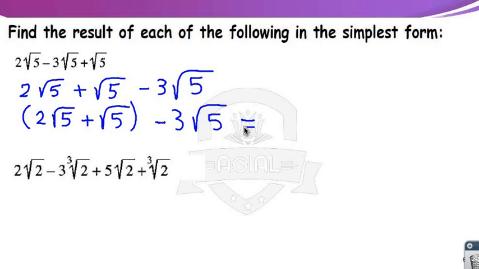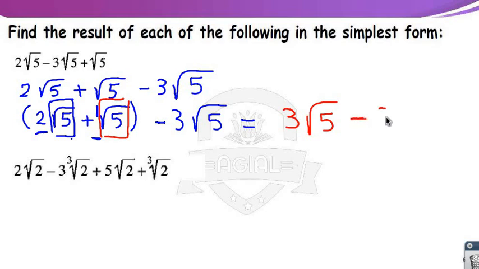Here we have 2 with 1, it will be 3. And we will add square root of 5 with square root of 5. So here we have 3 square root of 5 minus 3 square root of 5.